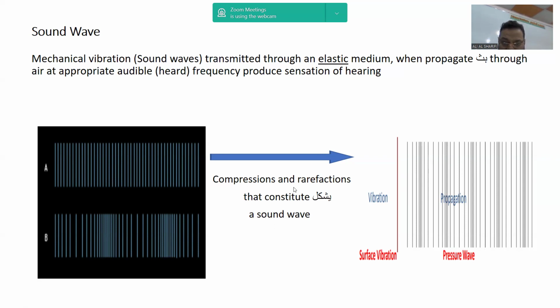Compressions and rarefactions constitute a sound wave. These two phenomena, bigger distance and smaller distance, we call compressions and rarefactions between the sound waves. That's the main reason we hear increase and decrease in sound waves from a specific source.